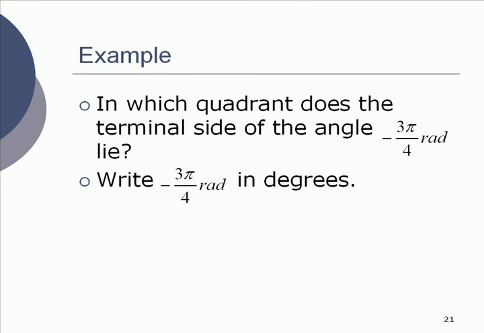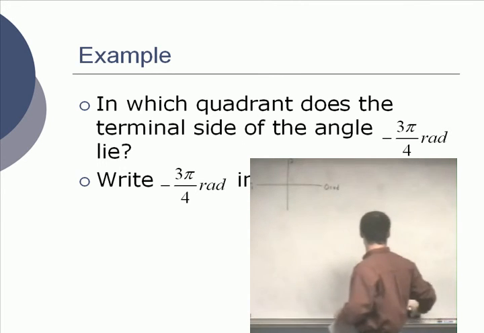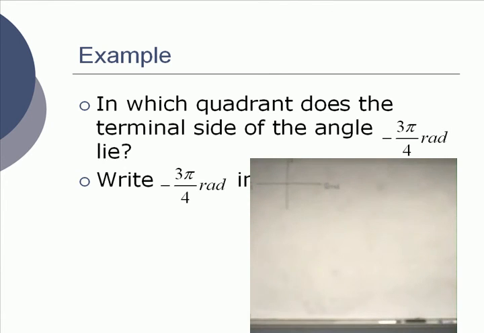Negative 3 pi over 4 radians. First of all, which quadrant does negative 3 pi over 4 put you in? Third? Fourth? First?